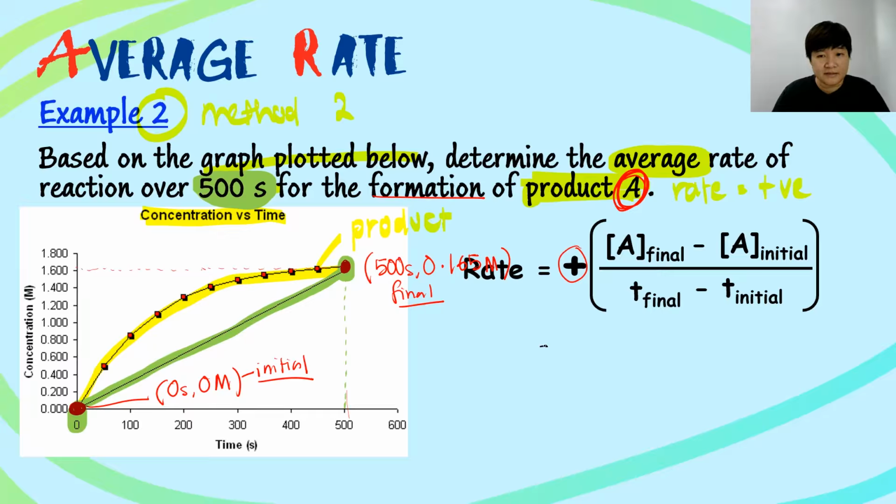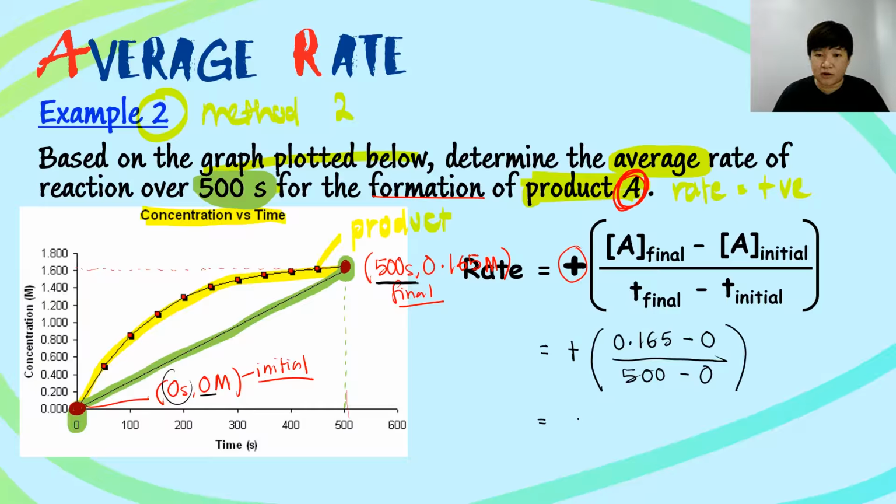I'm using A because the product here is A. Put in the values, and make sure the positive sign remains and doesn't change. Your final concentration is 0.165 molar, your initial concentration is 0, the time final is 500 seconds and the time initial is 0 seconds. So put it in and work out your mathematics.